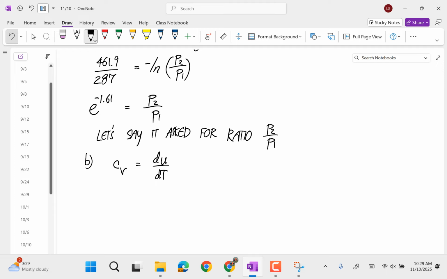And so the change in the specific internal energy is equal to CV times the change in the temperature, if we're assuming small enough changes in temperature.